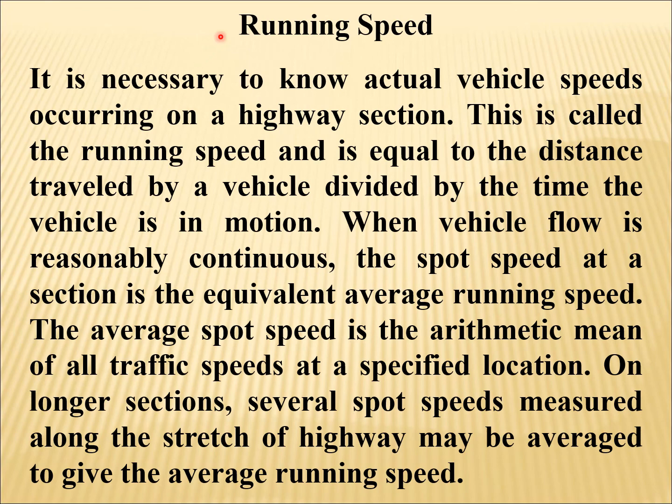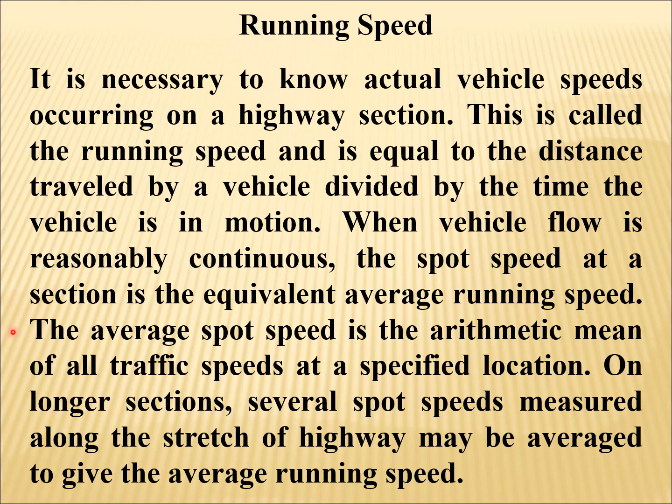Now we have reached this topic, that is the running speed. It is necessary to know actual vehicle speeds occurring on a highway section. This is called the running speed and is equal to the distance traveled by a vehicle divided by the time the vehicle is in motion. When vehicle flow is reasonably continuous, the spot speed at a section is the equivalent average running speed.